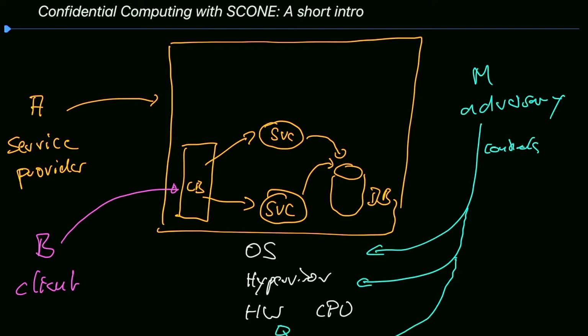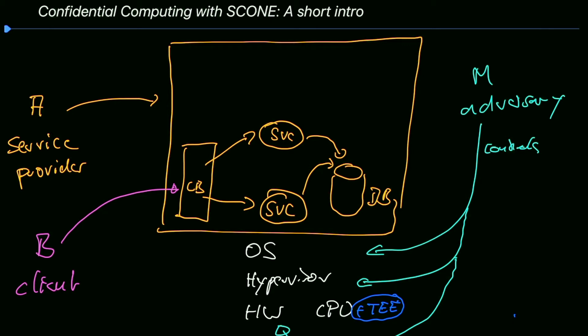She might even modify some of the hardware. But we assume that the CPU has some extension that is not under control of Mallory. So there is some trusted execution environment extension, and we assume that Mallory cannot control this part.